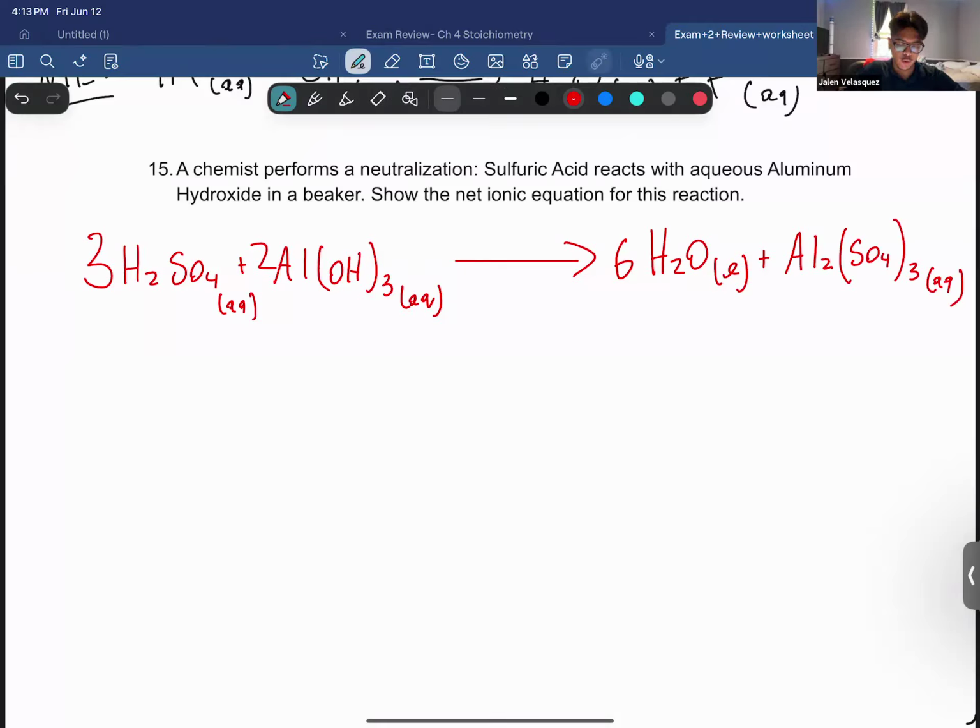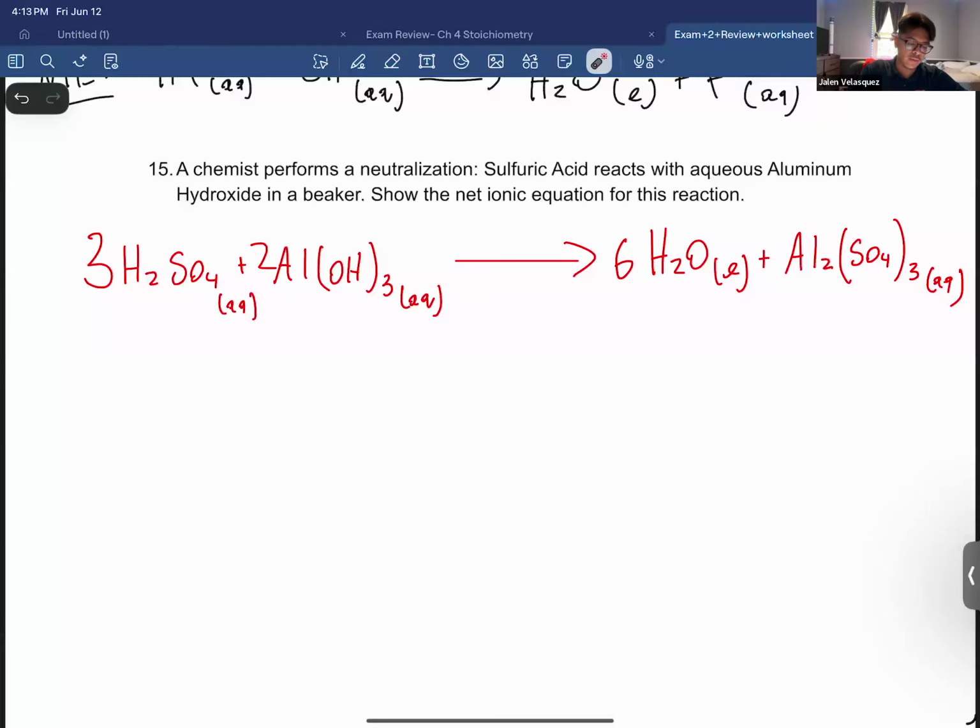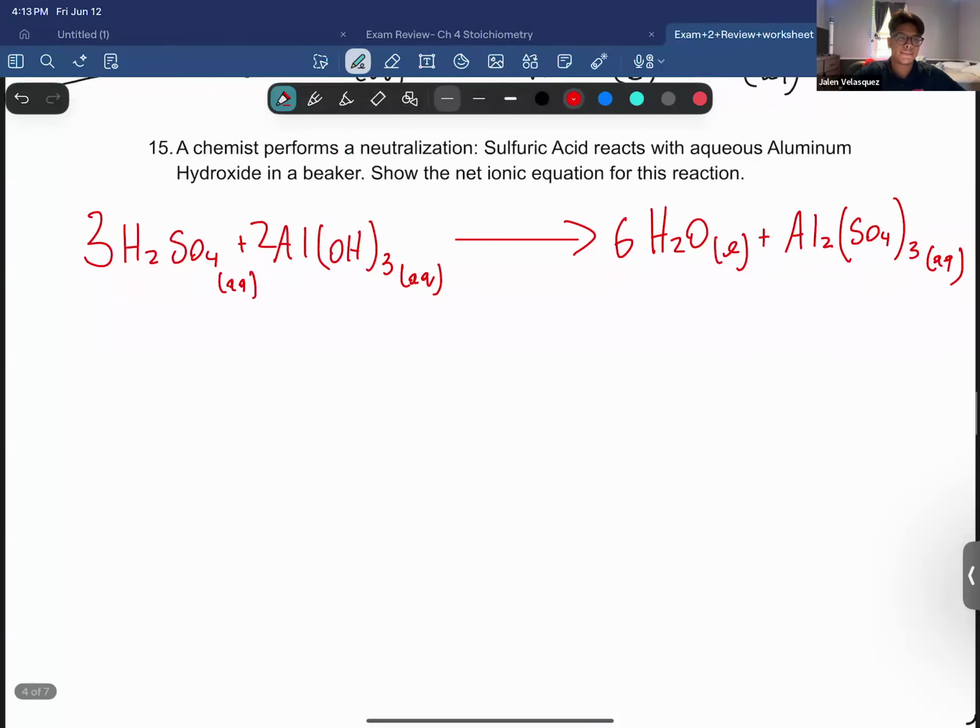Okay, so here is your equation, and I'll give you a couple minutes to work through this one. And let me know if you have any questions.